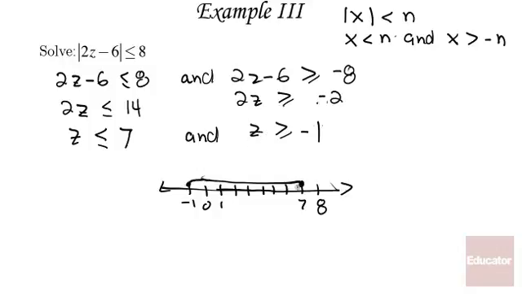So anything in this range is going to be the intersection of the solution set for these inequalities. Also writing it out using set notation, what we have is that z is greater than or equal to -1 and less than or equal to 7. So 3 different ways of writing out the solution set.